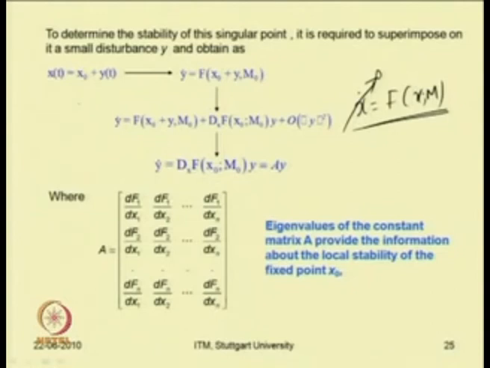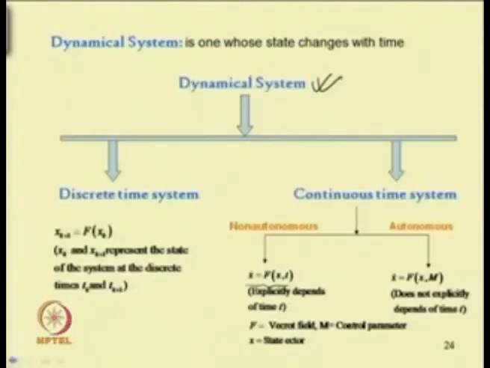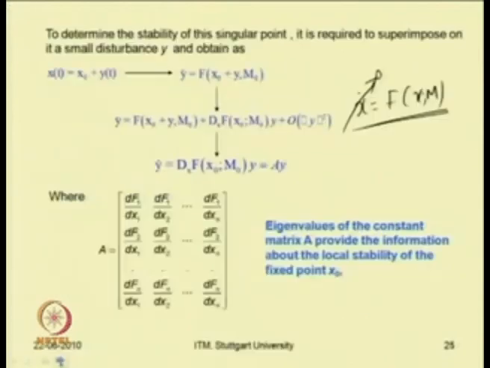Now we have to perturb this equation. We have taken an equation in the form x dot equal to f(x, m), and y(t) is the perturbed part.